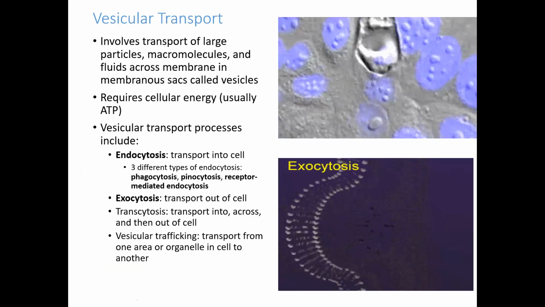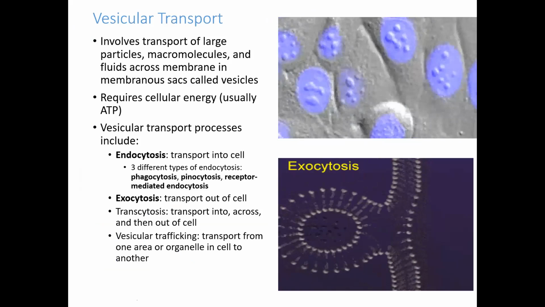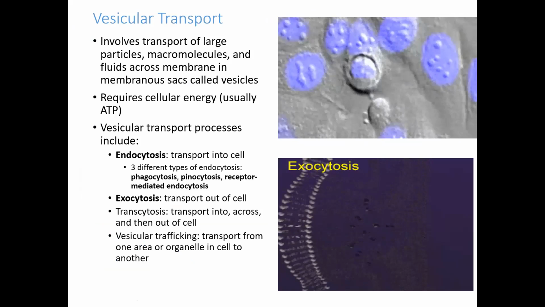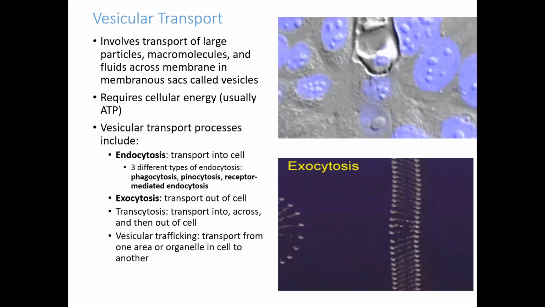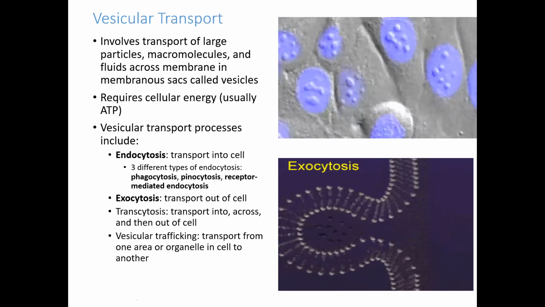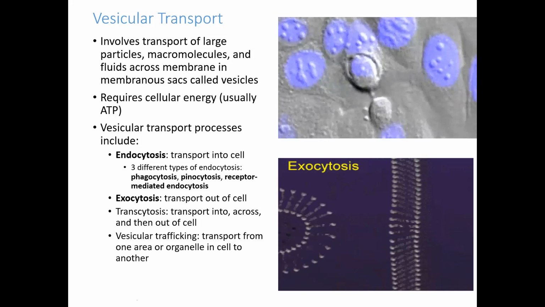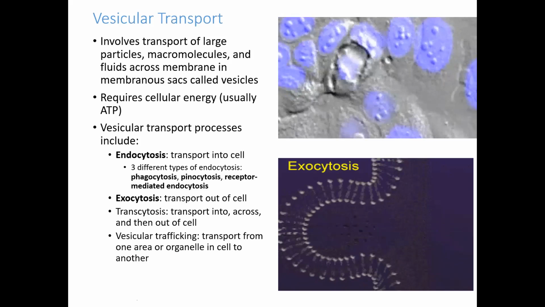The other type of transport is using vesicles. Vesicles are bubbles. They're sacs. They're made up of the same phospholipid bilayer as the cell membrane. A vesicle is like a white blood cell.